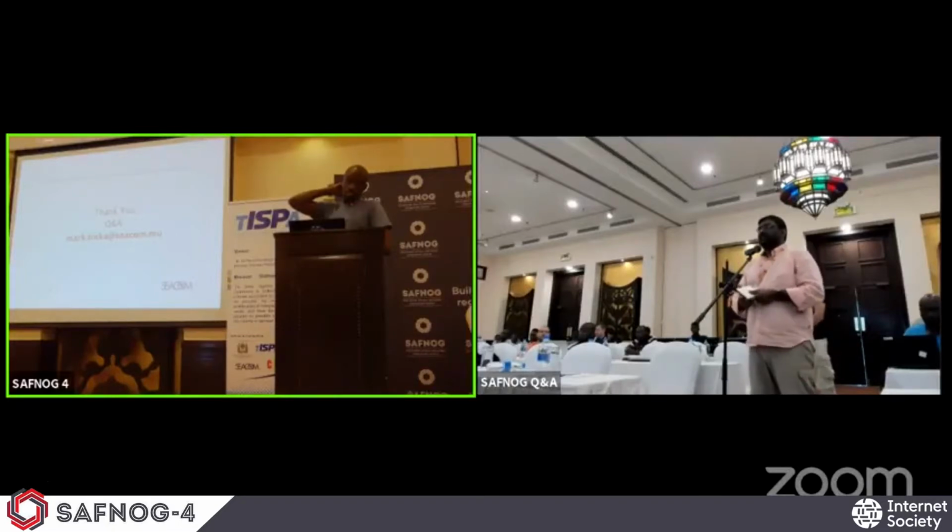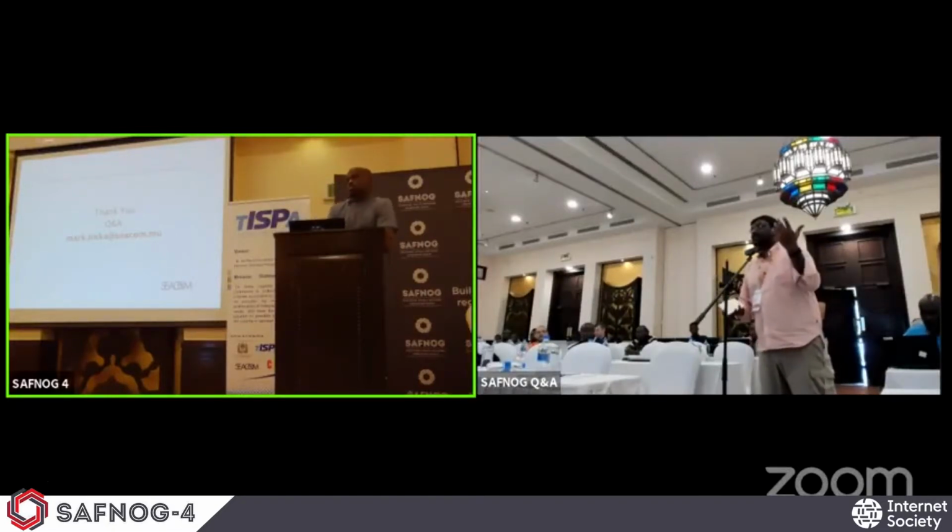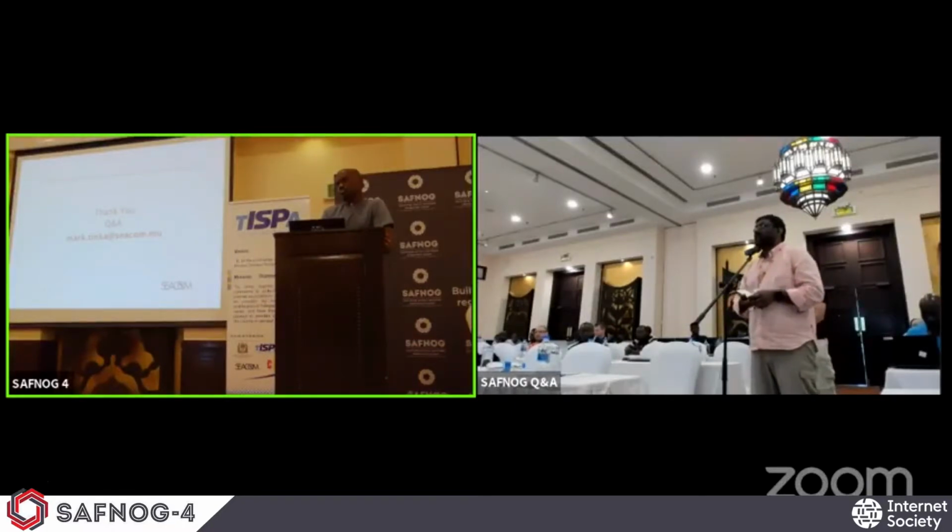Sorry, I'm not as much a hardware geek as I used to be, but wouldn't 13 rack units for a switch seem quite high for 10 100 gig ports? You can do those in smaller form factors these days, right? Yeah, you're right. We went for a full chassis system because this is the core, so we need the redundancy on the fabrics, on the control plane, et cetera.